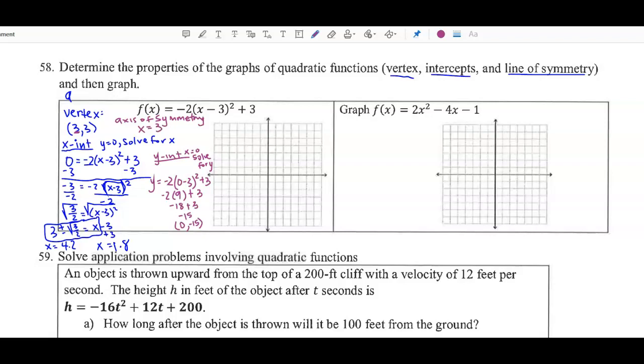All right, now we have all these different parts, so now we can get these plotted on here. If we're going to have to go to 15, we can move by 2s. So 2, 4, 6, 8, 10, 12, 14, and so then 15 would be about here.